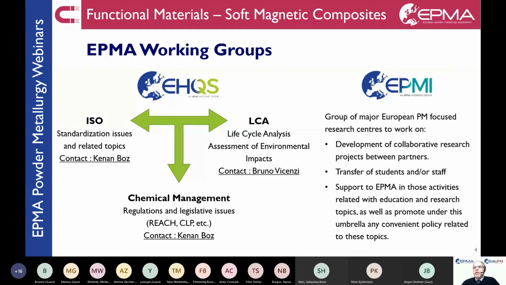The other group I'm showing here is the EPMI, the European Powder Metallurgy Institutes, which gathers all the research groups in Europe that are members of EPMA, and especially individuals who are involved in our activities, and they actually foster and manage some of the training activities in the association.